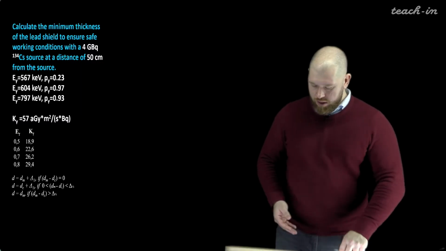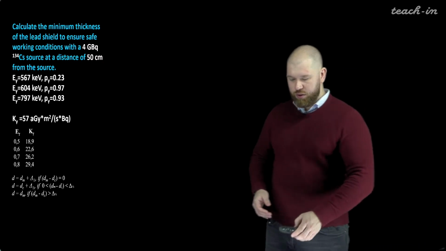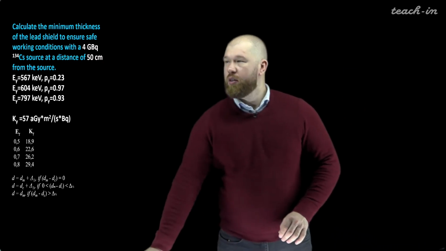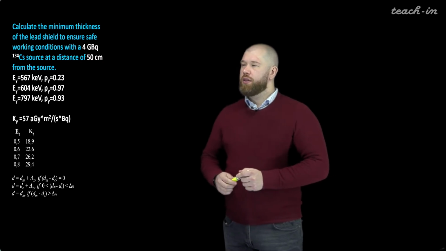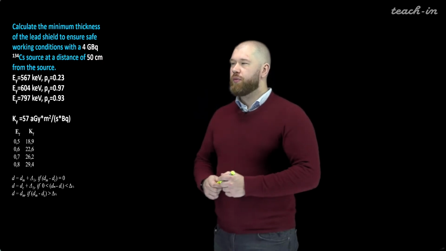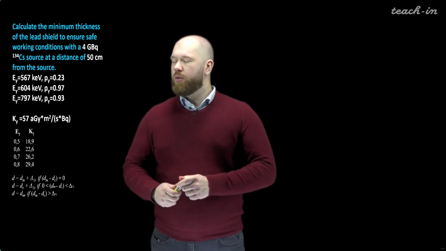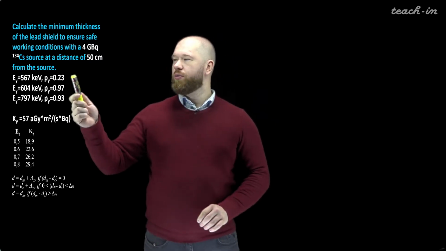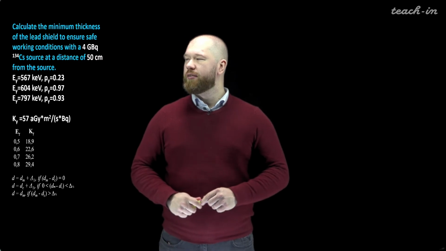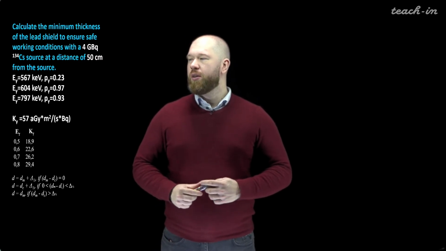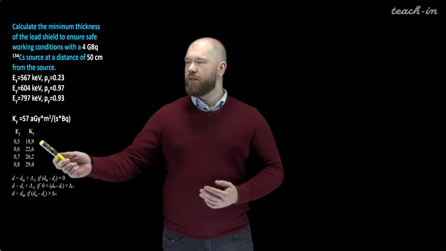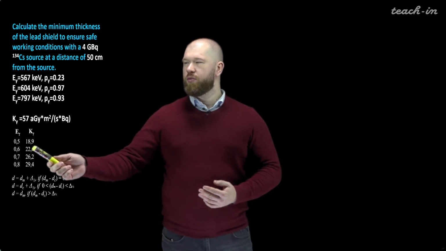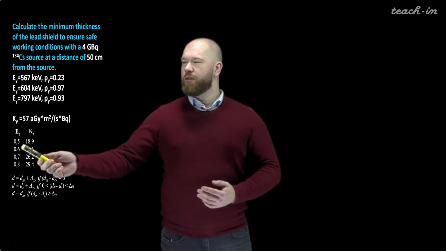Okay, let's start to solve this task. We know the energy of the gamma quantum, for example, 567 kiloelectron volts, and in reference books or in databases we have data about the gamma constant for gamma quanta with different energy.